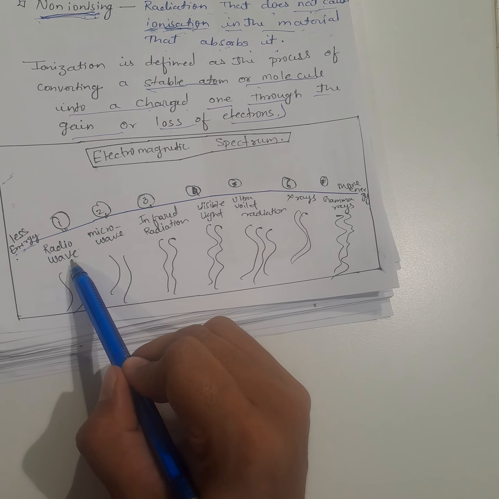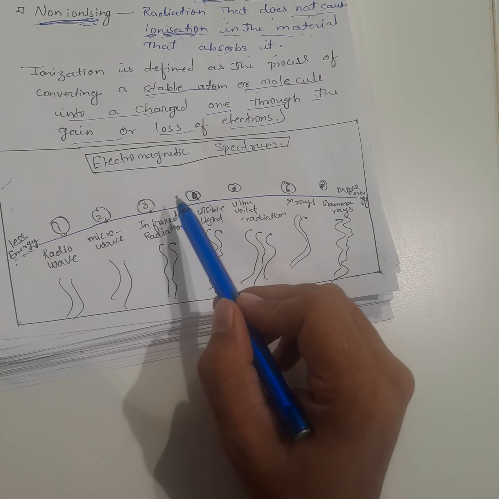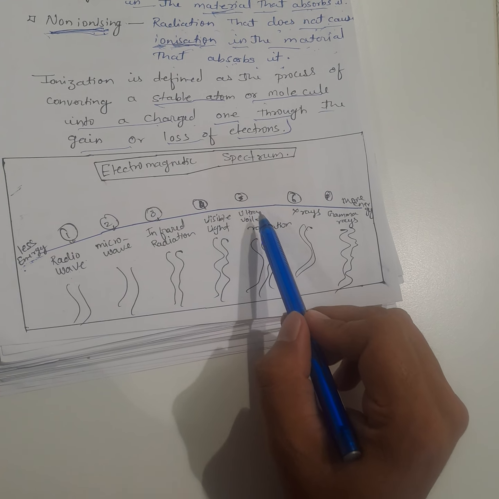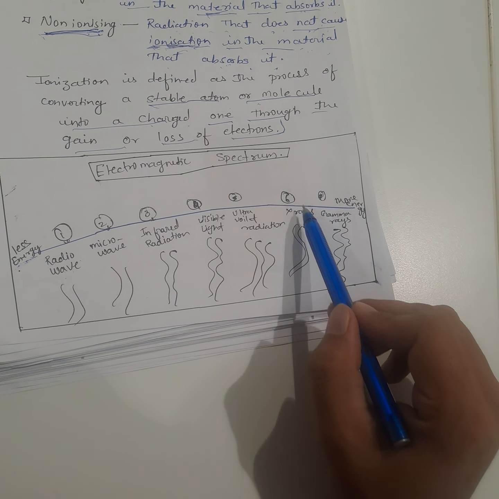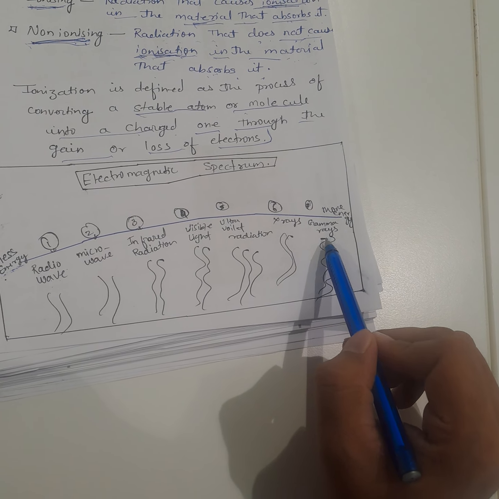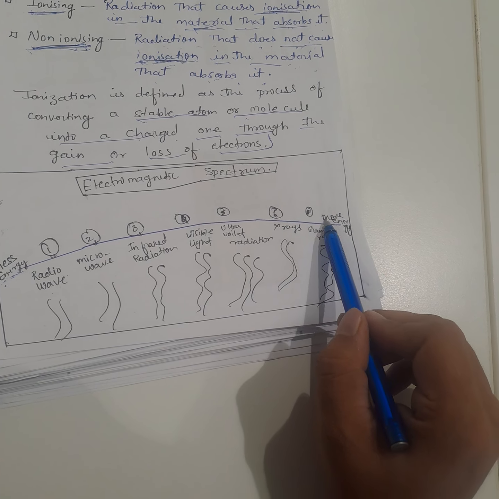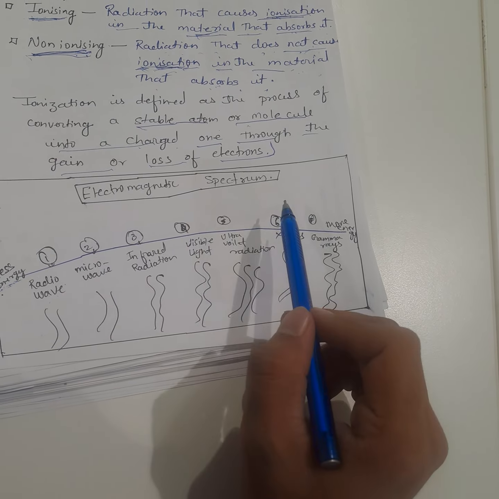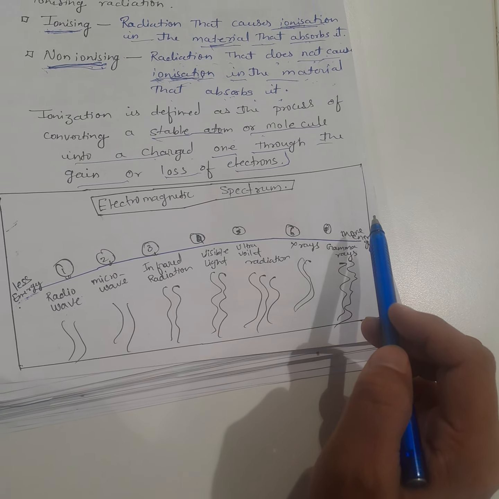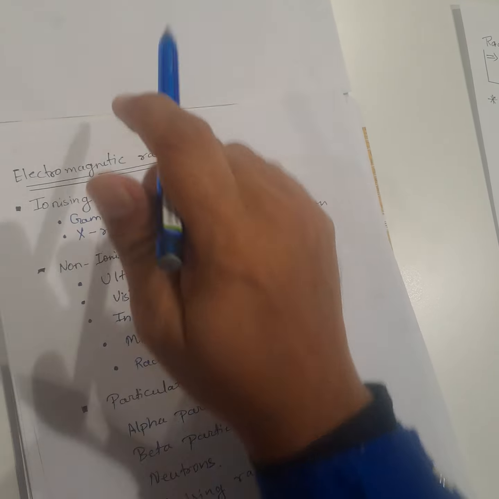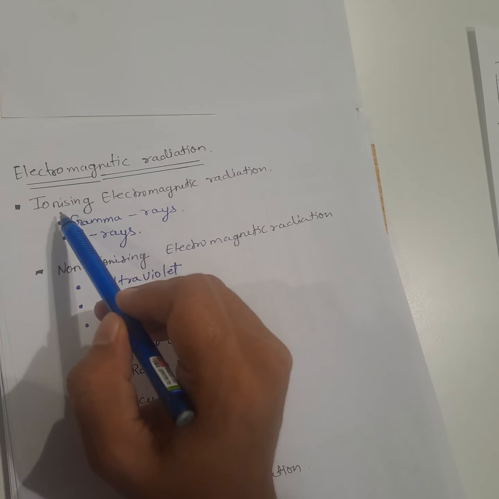First one is radio wave, second is microwave, third is infrared, fourth is visible light, fifth is ultraviolet radiation, sixth is x-rays, and seventh is gamma rays. This is the very energetic end of the electromagnetic spectrum.